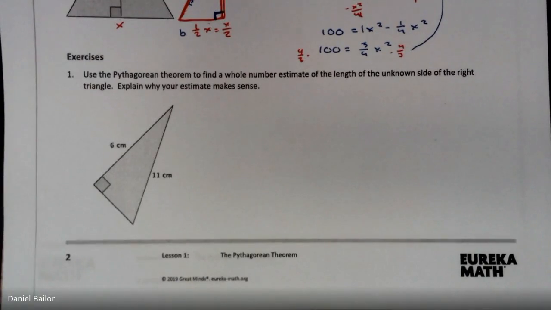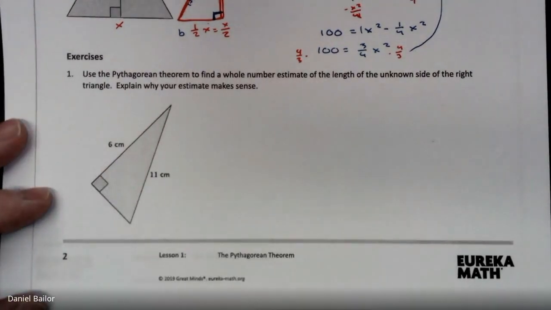So you looked at exercise 1. The first thing you should have done is identify your legs and your hypotenuse. So here's the right angle.